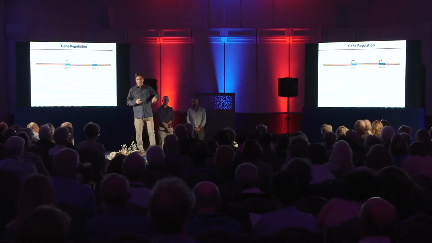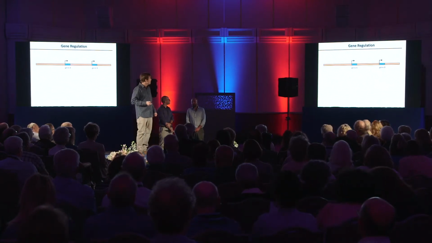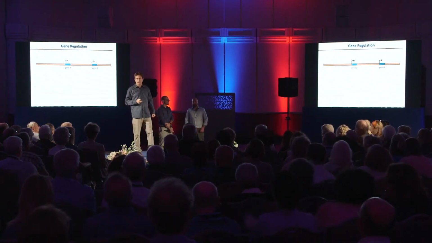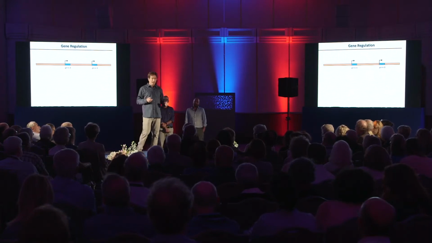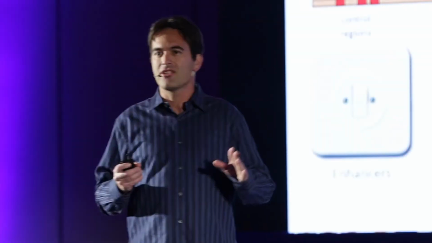So what you see here is a DNA, and you see 2 genes, gene A and gene B, but apparently in order for gene A and gene B to be operative, we have other regions in the genome called enhancers. These enhancers function like a remote switch.